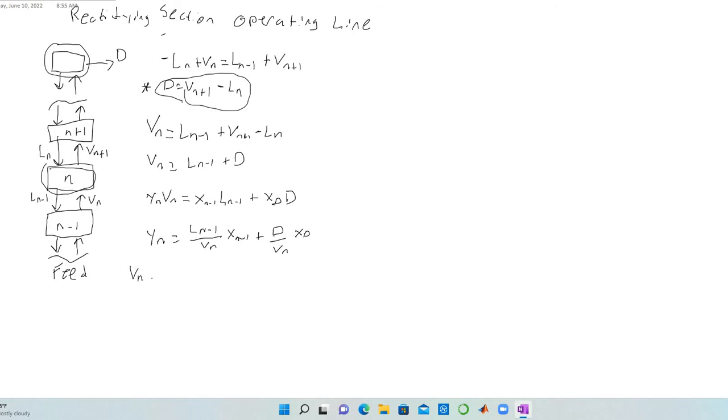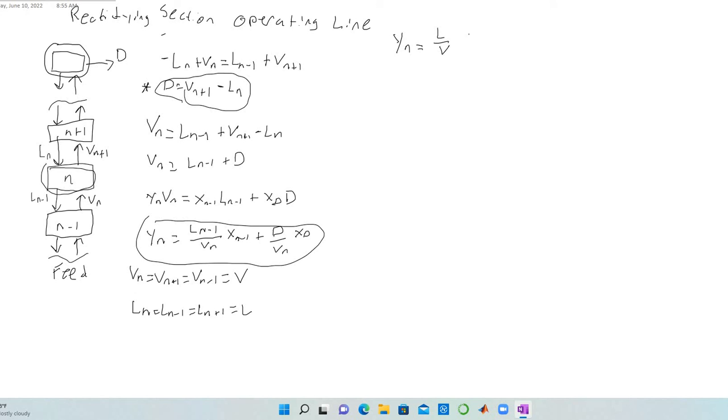So Vn equals Vn+1 equals Vn-1, etc., and that's just going to equal V. And the same with our liquid flow rate: Ln equals Ln-1 equals Ln+1 equals L. If we plug that assumption back in, we have the equation in the form yn equals L over V times xn-1 plus D over V times xD. And that cleans it up nicely.